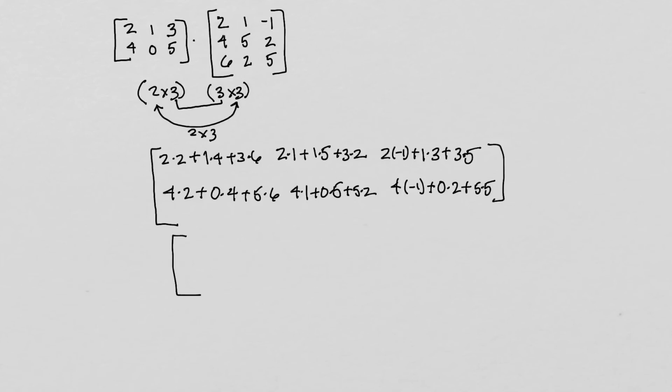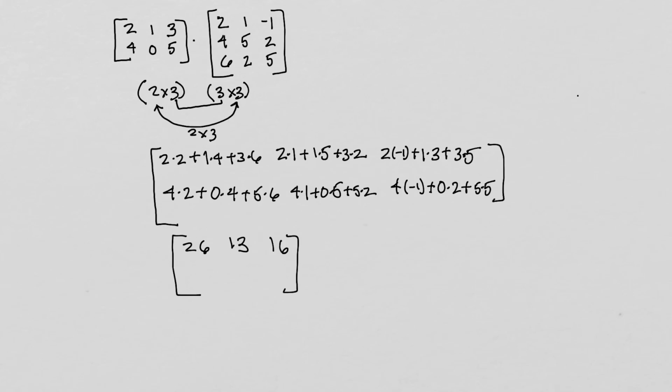So from this one, let's keep track of it. 4 plus 4 is 8, and 8 plus 18 is 26. Over here, we're going to get 2 plus 5 is 7, and 7 plus 6 is 13. And then here, we're going to get negative 2 plus 3, that's a 1, plus 15, so we're at 16 here.